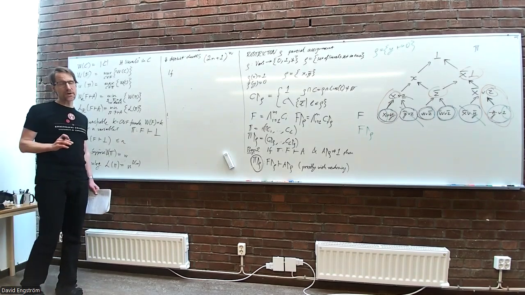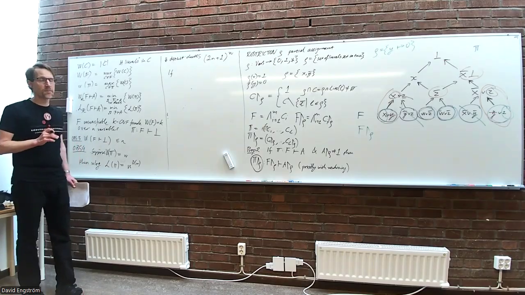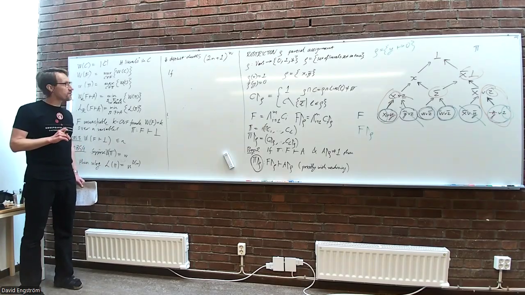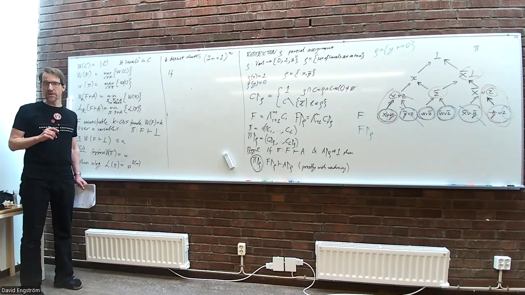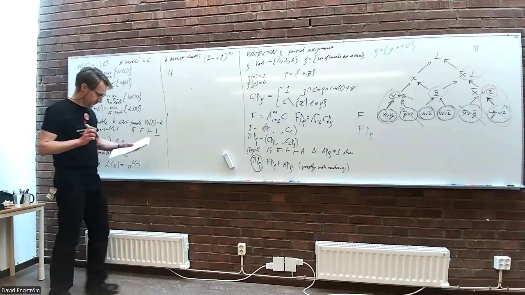Now, what we're going to talk about today is the celebrated paper by Ben-Sasson and Wigderson, which says short proofs are narrow.